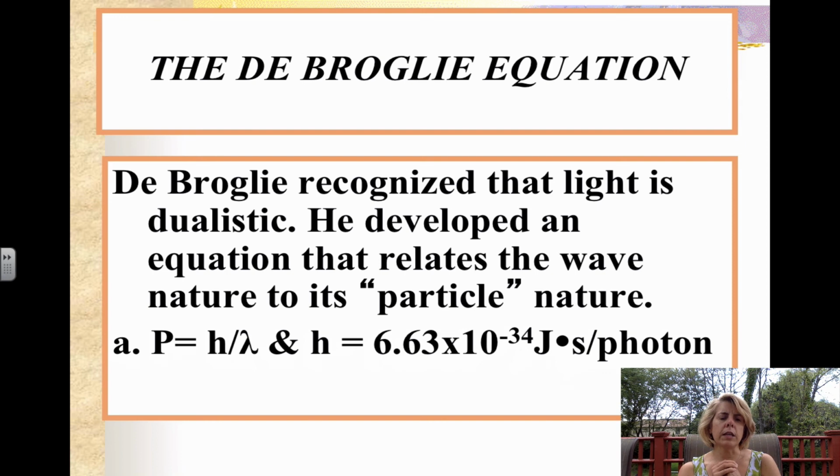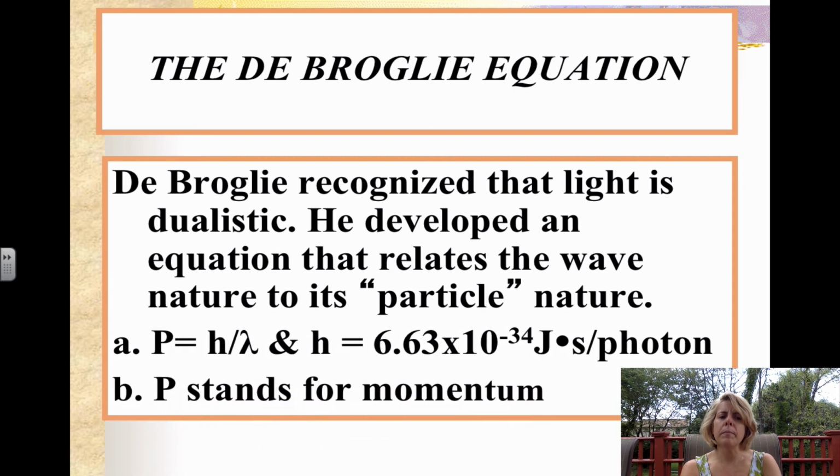He essentially came up with p equals h over lambda. So h is Planck's constant, and lambda, do you remember what lambda is? Wavelength. Okay, so when Planck's constant is divided by lambda, the wavelength, we essentially get momentum.